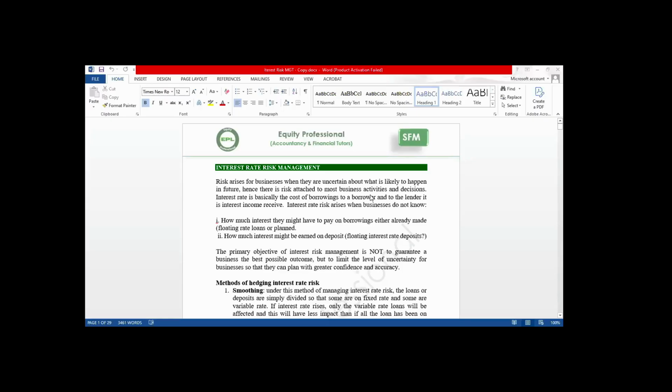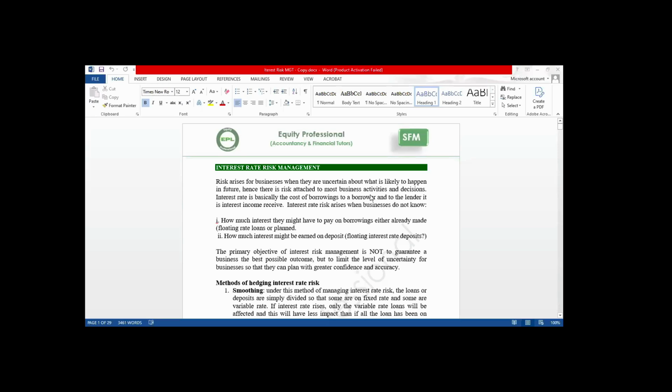But you are planning to borrow money at a future specified date. What the interest rate will be at that future period, you are not sure. That uncertainty creates risk for the business. We explained this last week.